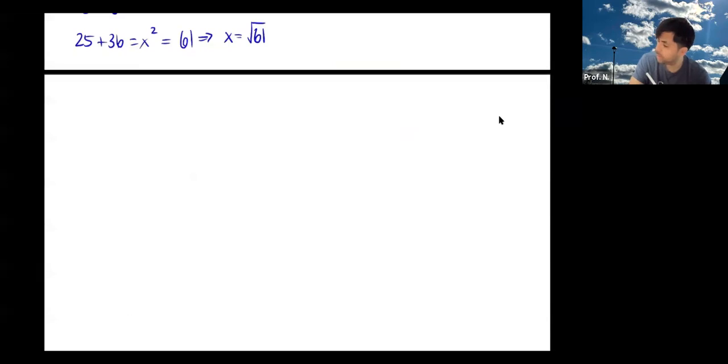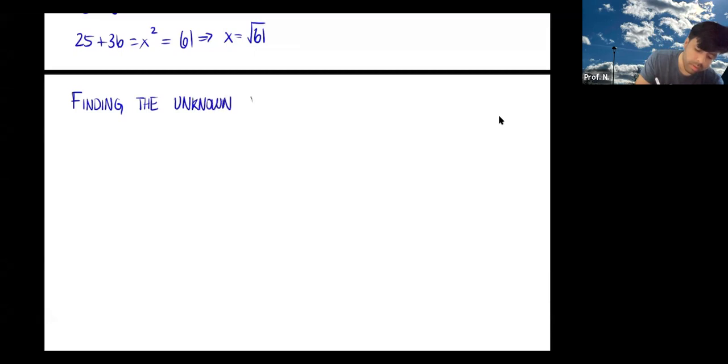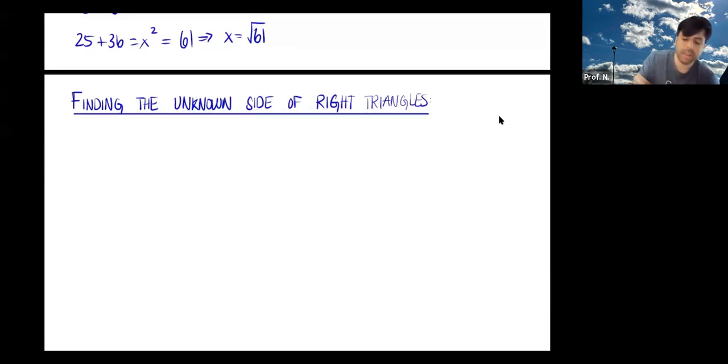What we have to get good at is finding the unknown side of right triangles. I would say one of the main benefits of trigonometry is this idea of finding unknown sides. If you know certain angles and sides, you can find the unknown ones.